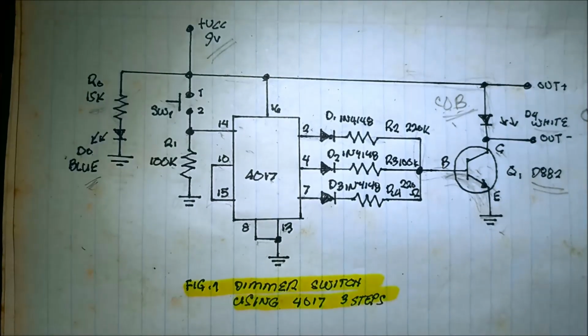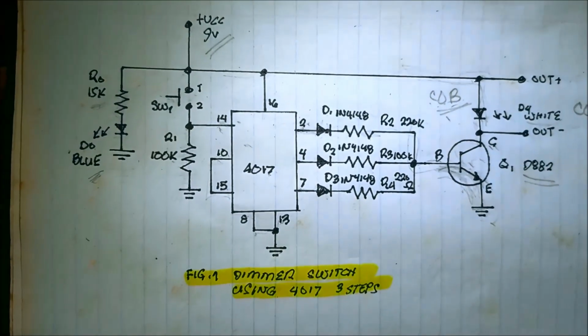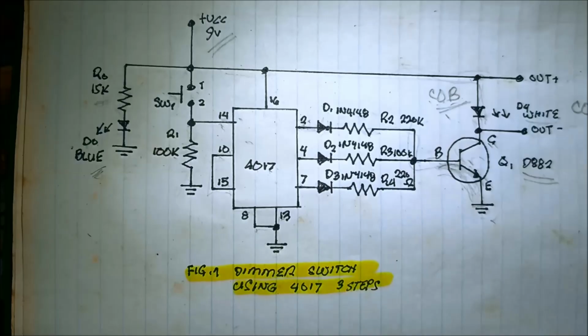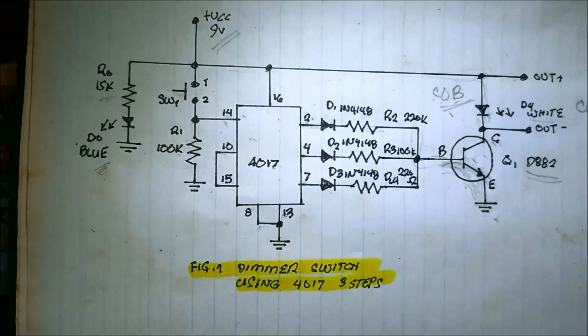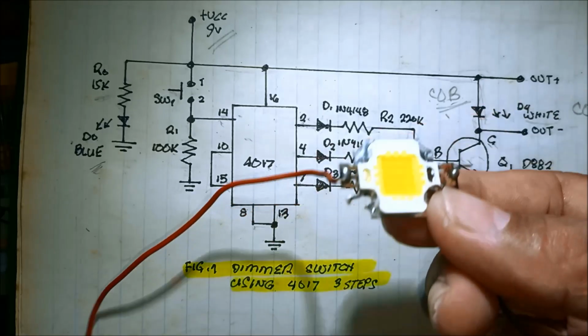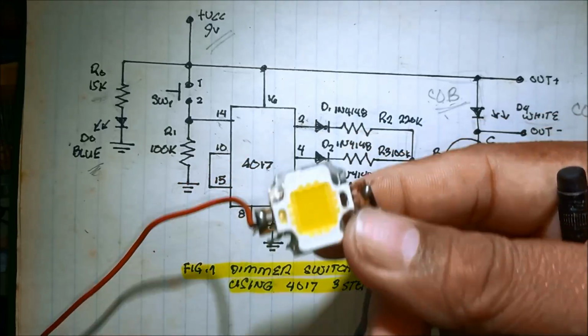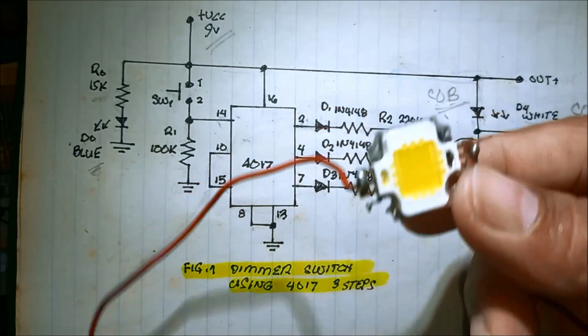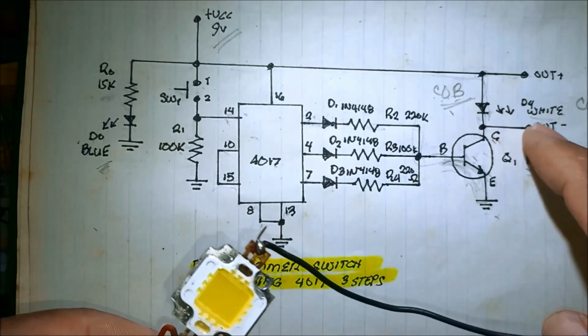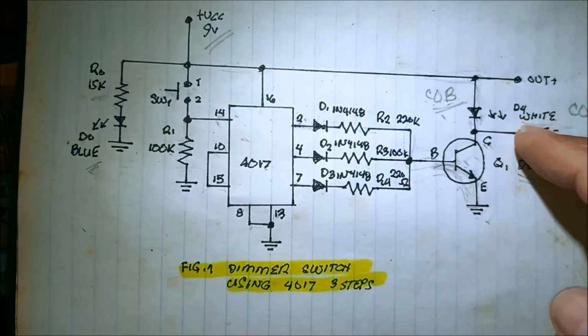Where is that chip on board LED? This is the chip on board LED. Okay? That is the D4 white. So it's a high powered LED.